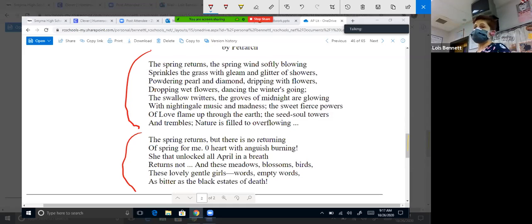As you finish reading through it, jot down a couple of words off to the side. What tones do you see in the octave and the sestet?